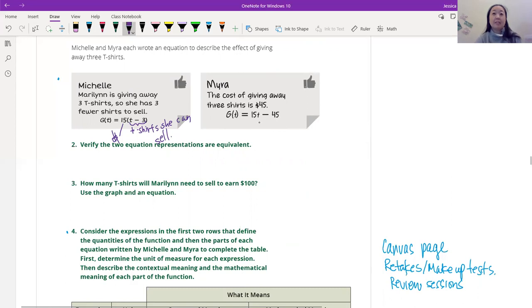instead of doing it that way, this is just the number of t-shirts she sells. She's focused more on how much we can make.